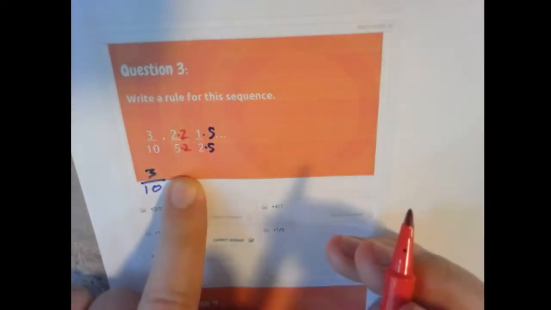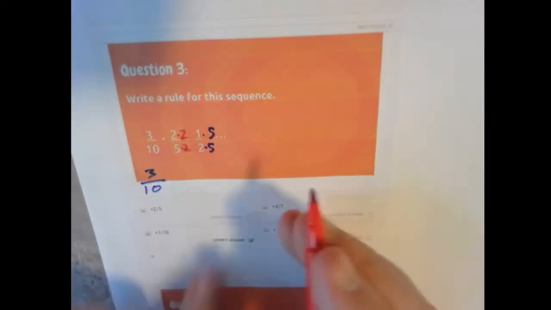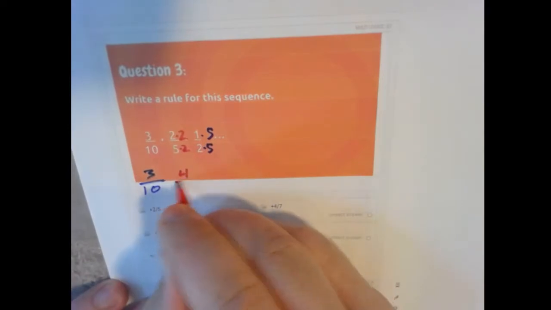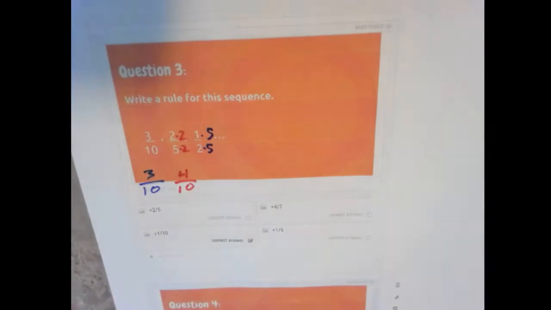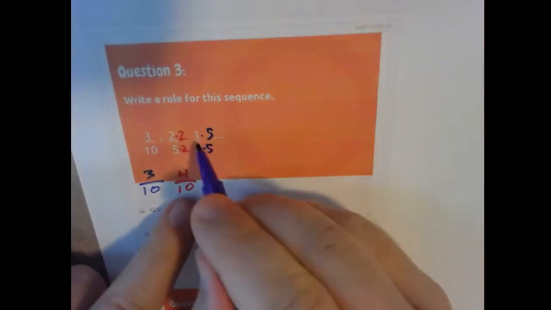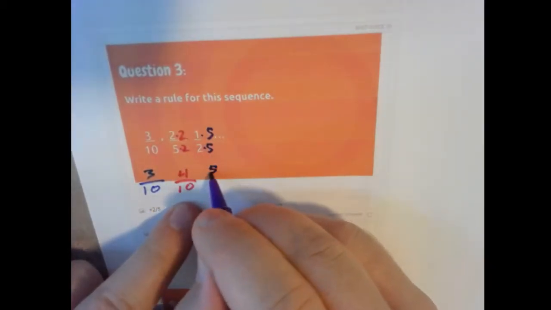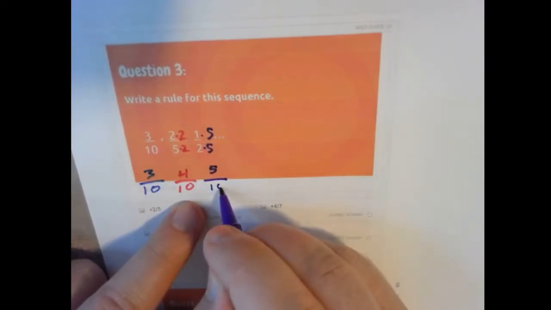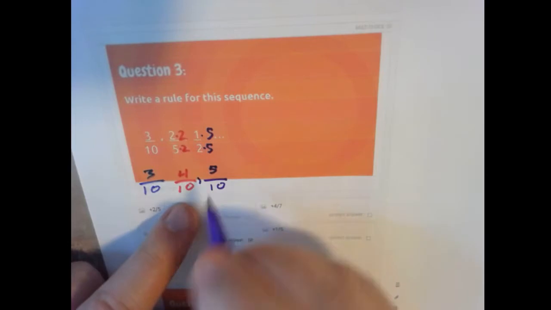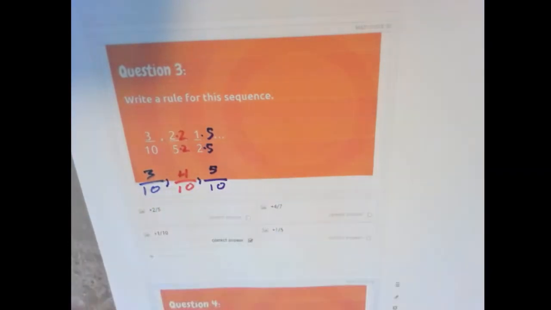This middle term becomes 2 times 2 is 4. 5 times 2 is 10. Okay, we're good so far. The denominator is 10. Now how about this one? 1 times 5 is 5. 2 times 5 is 10. Okay, good to go. Now we have all of the denominators 10.